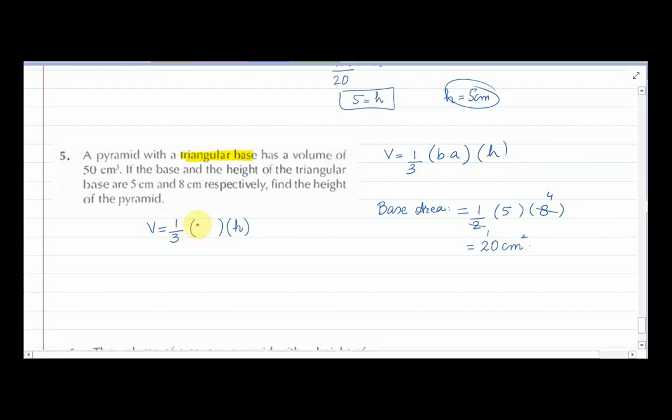So base area is 20 and the volume of the pyramid is 50. So it will be 50 is equal to 20h divided by 3. Now you need to simplify it. So 3 times 50 is equal to 150 is equal to 20h.